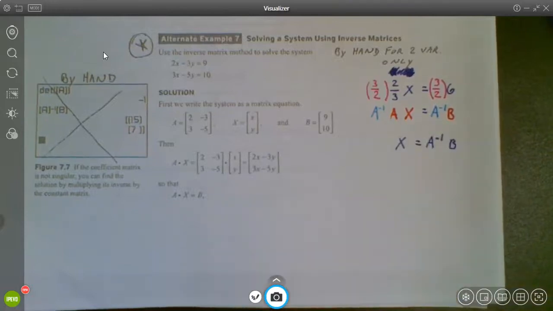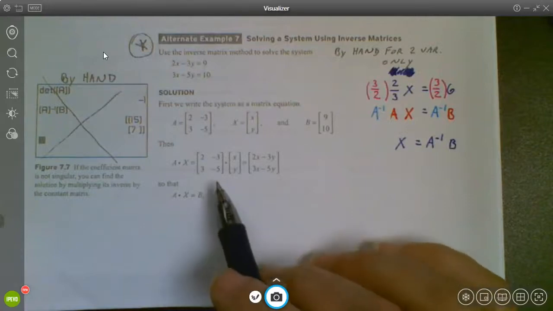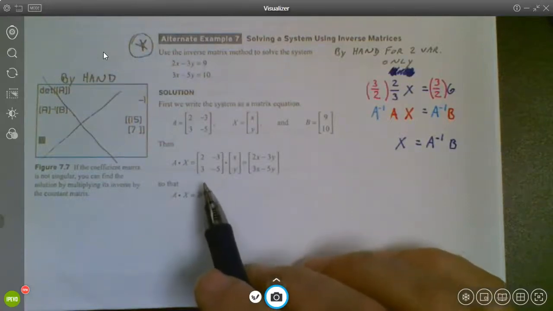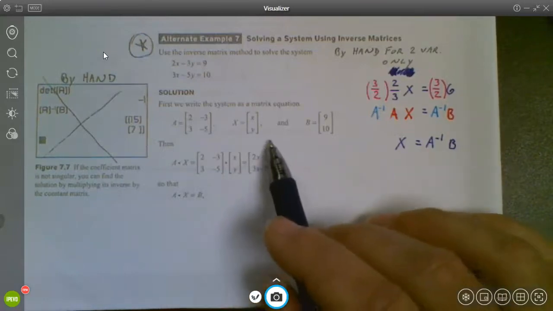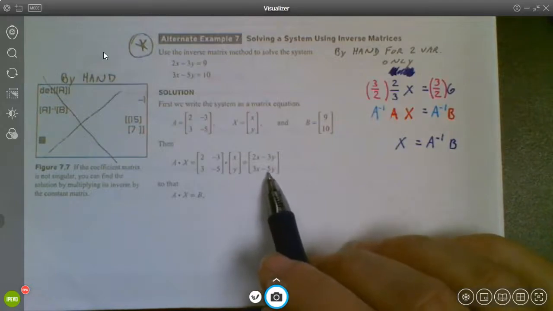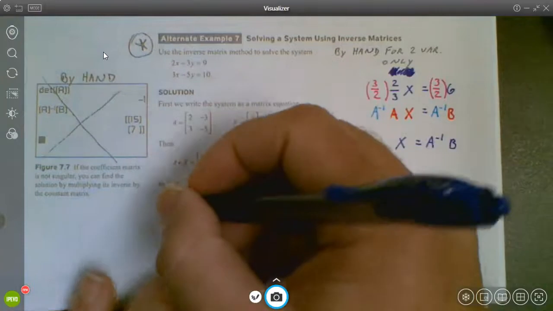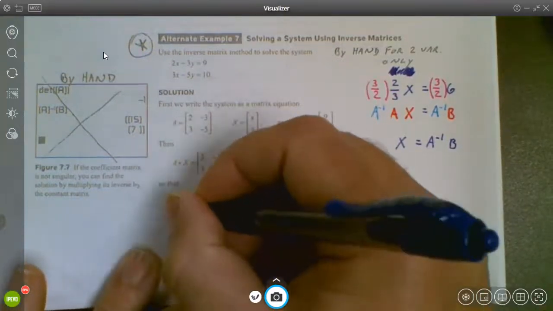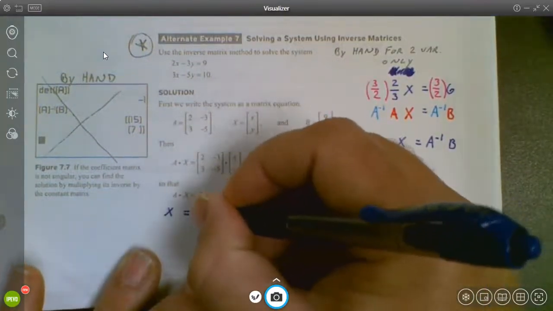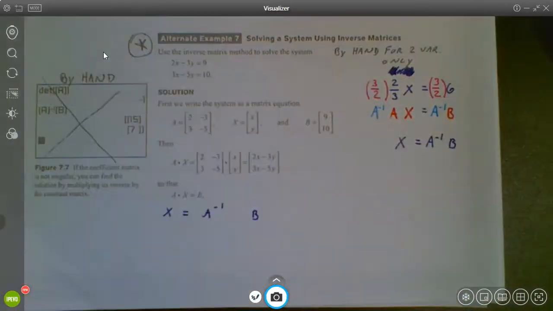So all I have to do is figure out my inverse of A and multiply it times B. I am not going to go the same route that they did over here. They made this a little more complicated than it needed to be. I'm trying to shorten this process for you. So my goal is: let's figure out the inverse of A and multiply it times B.